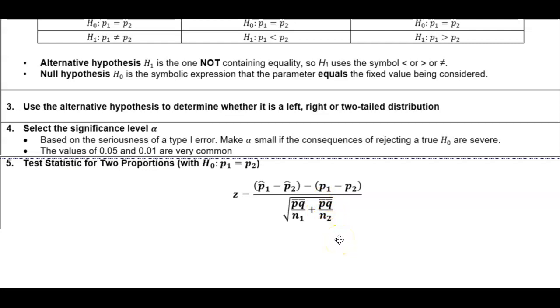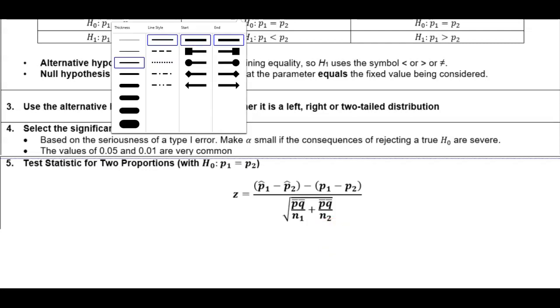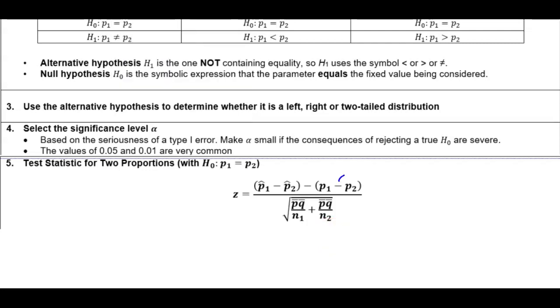Now I do want to point out that if we focus on this part right here, in the null hypothesis, you're going to see that P1 is going to equal P2. Now, if we wanted to get everything on one side of the equal sign, we would have to subtract P2 to the left side. So that means P1 minus P2 is going to equal 0.